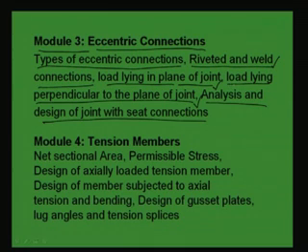In both cases we will see how the connections are made by the use of weld and by the use of rivet. Then analysis and design of joints with seat connections, how to design a joint with the use of seat connections, that also we will see. This is module 3.